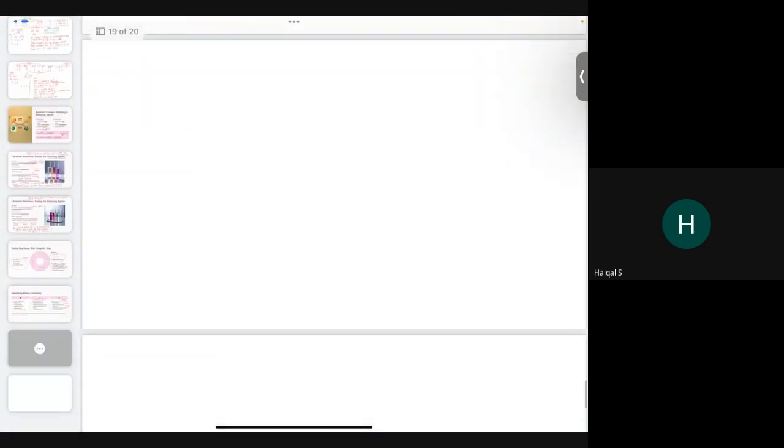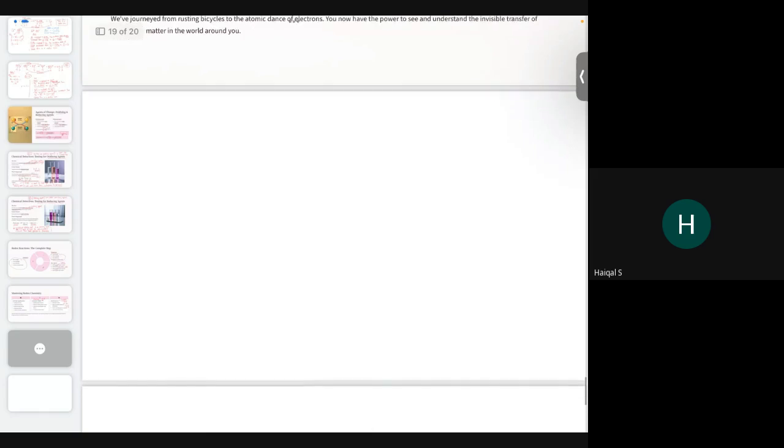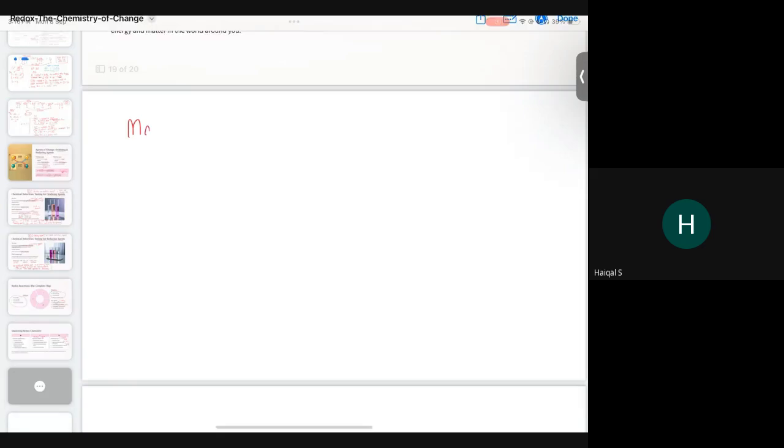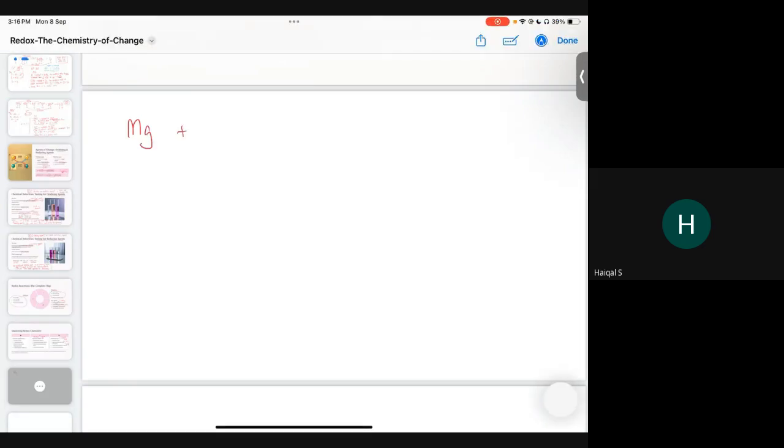So let's look at one of the reactions over here. Let's try this one. Okay, because I want to show you oxidation state and reduction, oxidation state explanation with the idea of reducing agent and oxidizing agent all together in one question. So let's look at this. Mg plus HCl.